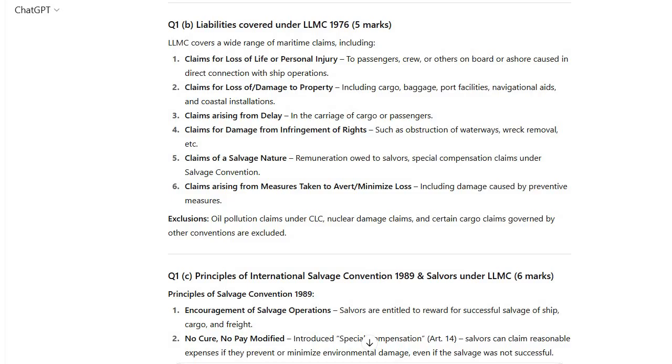Yes, claims for damage from infringement of rights, claims of salvage nature. Correct. Here, remuneration owed to salvor, special compensation claims under salvage. Claims arising from measures taken to avert or minimize loss, including damage caused by preventive measures. Oil pollution claims under CLC, nuclear damage claims, and certain cargo claims governed by other conventions are excluded. See, oil pollution from tankers is strictly by CLC.